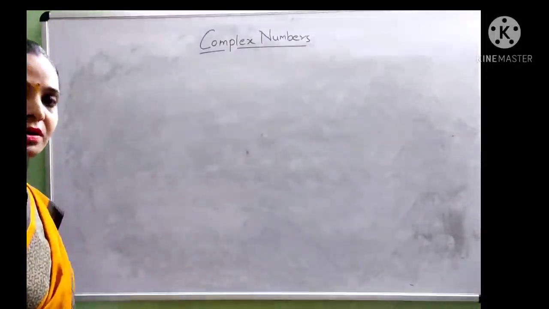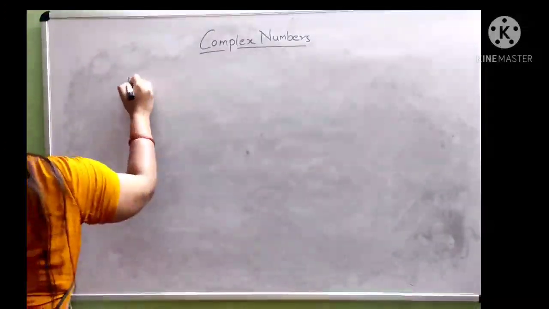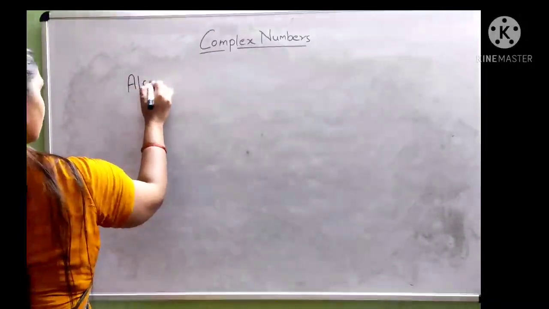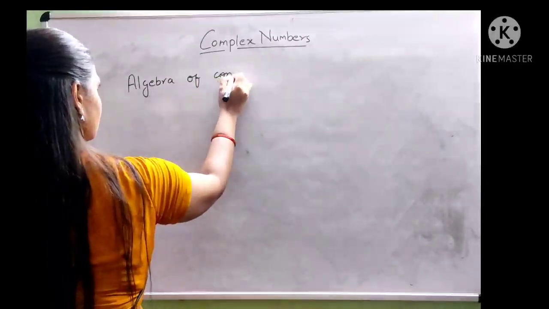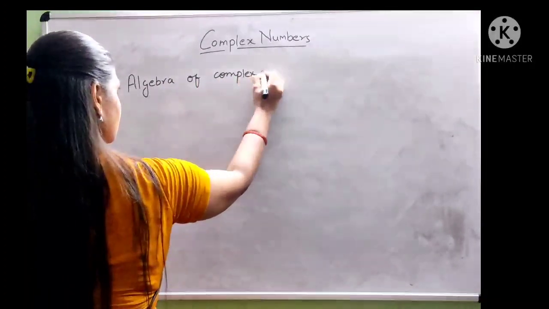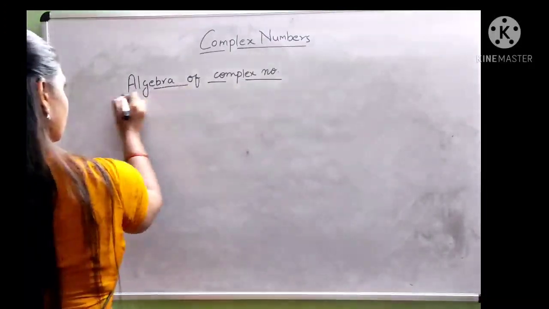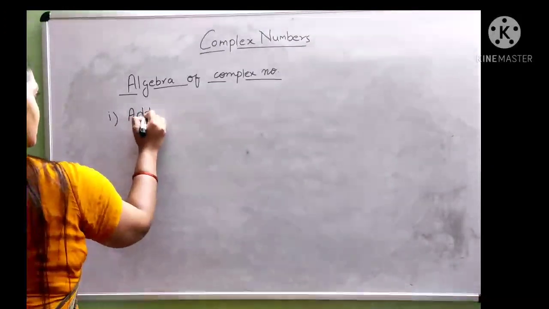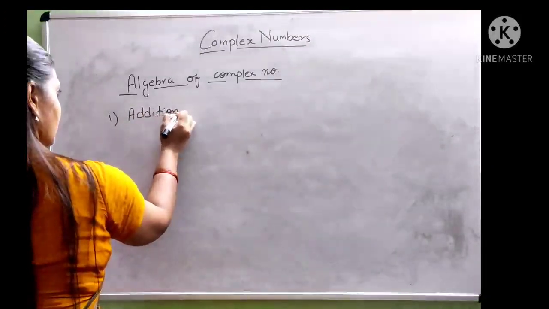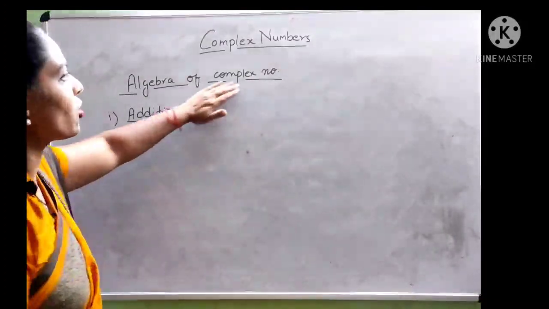Now we have to learn the algebra of complex numbers. First one is addition. So how would we perform addition in complex numbers?